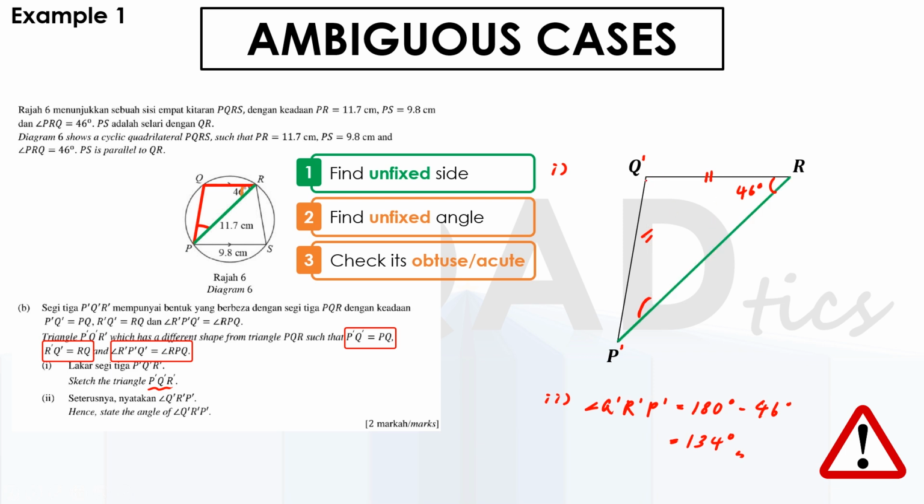So if these two lines are the same, this angle will be the same as this. So this is 46. So if you want to find out this angle, it should be 180 minus the other one, which is 46, because both of the angles are on a straight line. So the shortcut is 180 minus the unfixed angle.